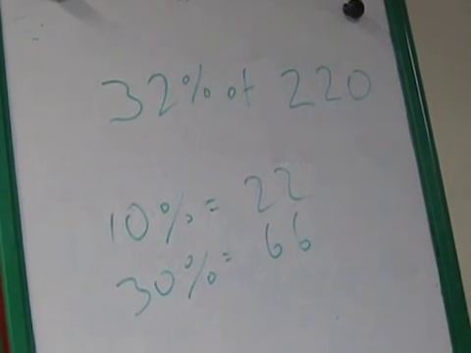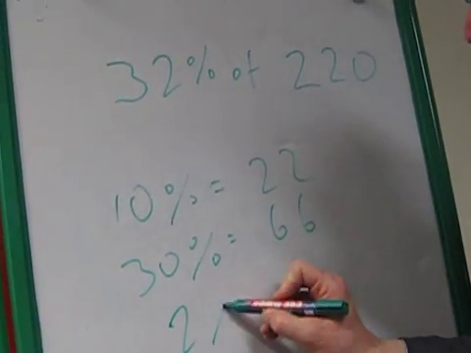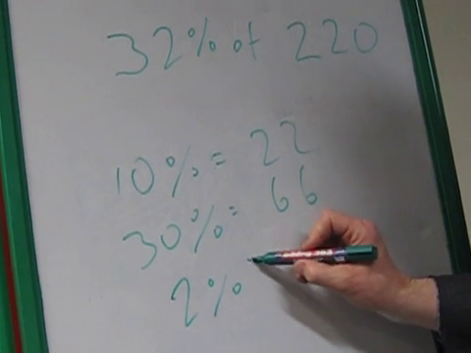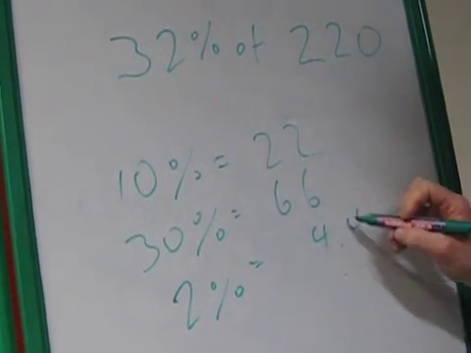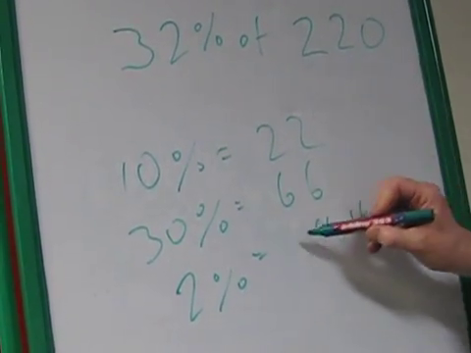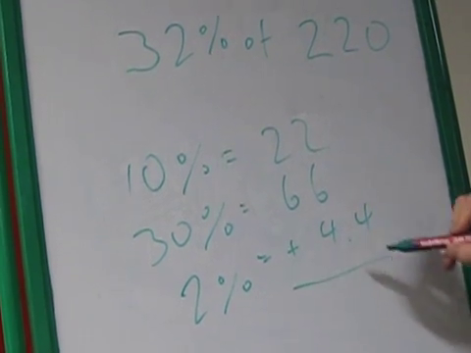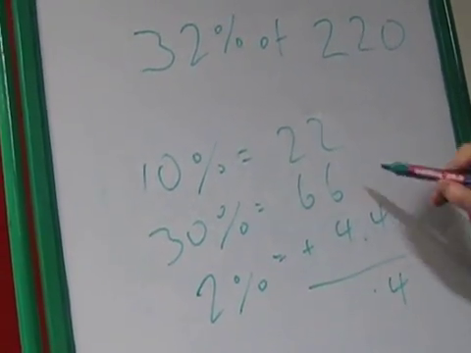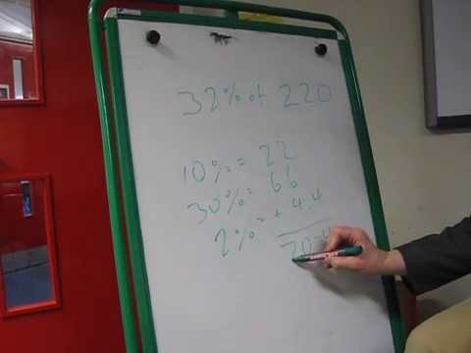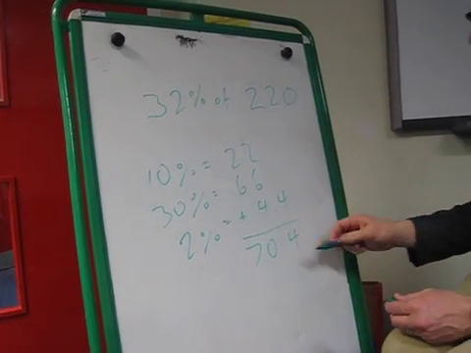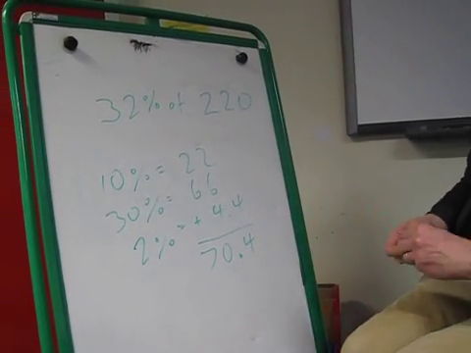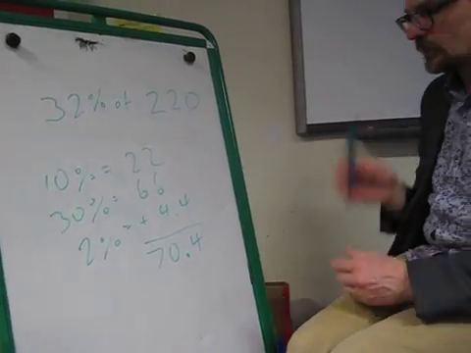So what's 2%? 4.4. Now 66 plus 4.4 is 70.4. And that's the answer to 32% of 220.